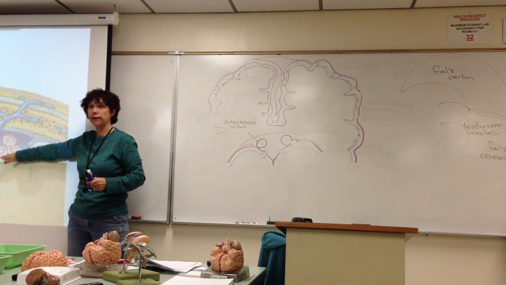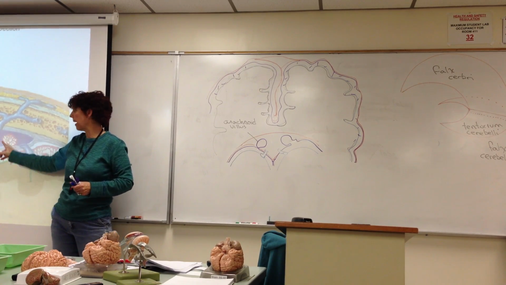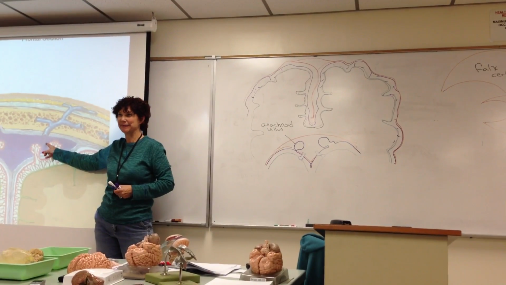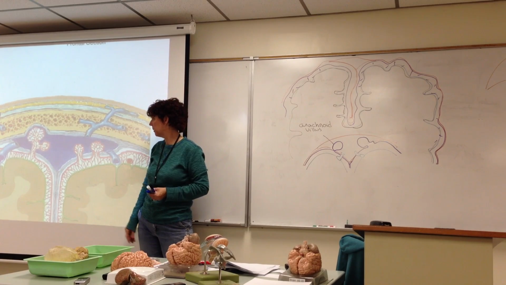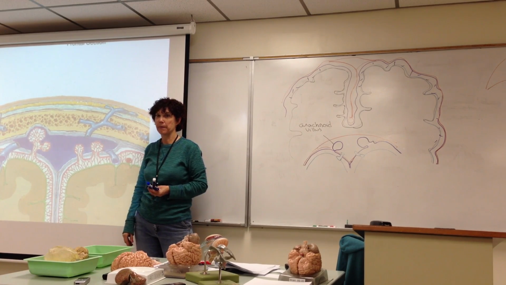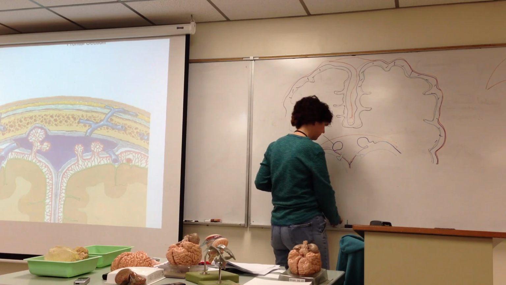The CSF from the subarachnoid space is going to get into the same sinus by crossing the arachnoid villi. All right, but right now we're looking at the blood flow. So these would be cerebral veins.